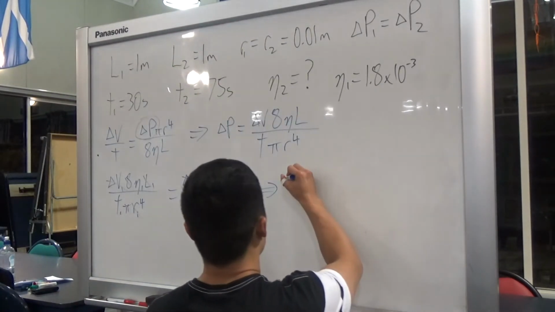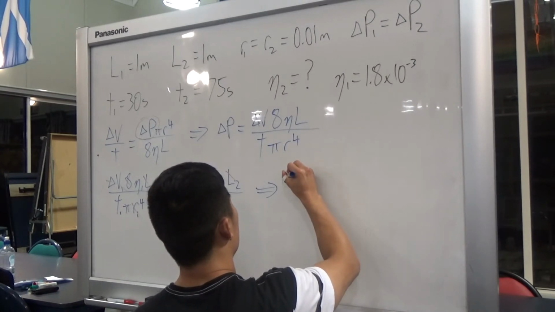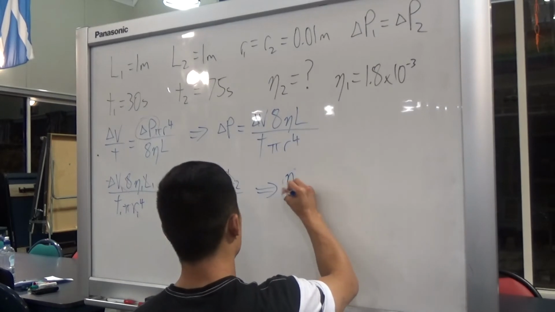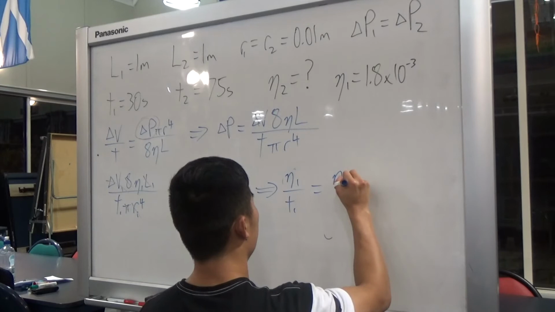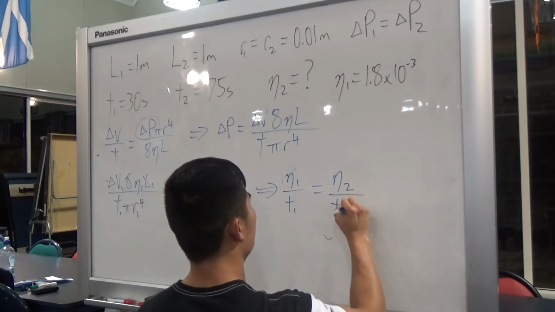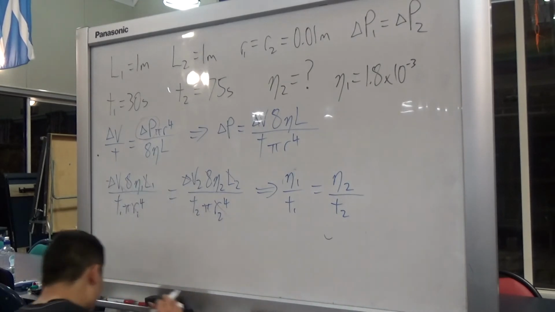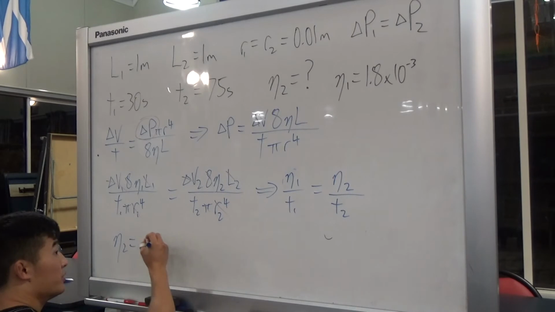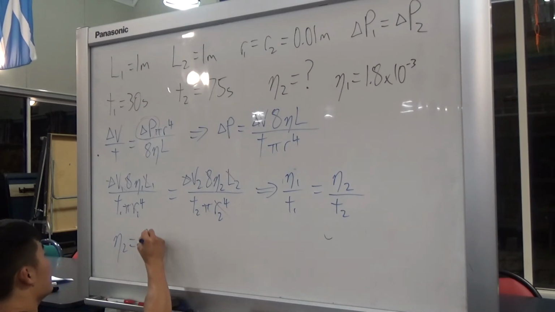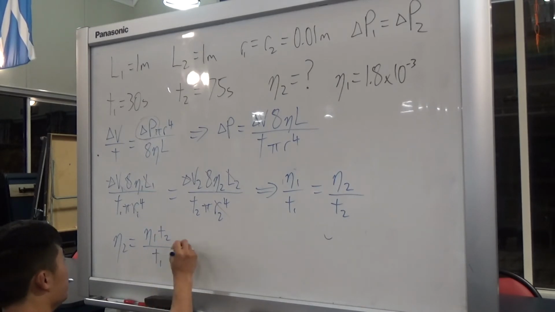So viscosity 1 over T1 is equal to viscosity 2 over T2. So we want to find out what viscosity 2 is. Viscosity 2 is equal to viscosity 1 times T2 over T1.